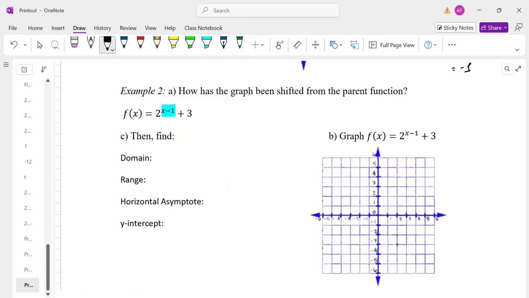So if it's x -1, we're shifting everything to the right, and then we have +3 on the outside. Well, that means that we're going to be shifting everything up. So therefore, we're going to shift right 1 and then up 3.